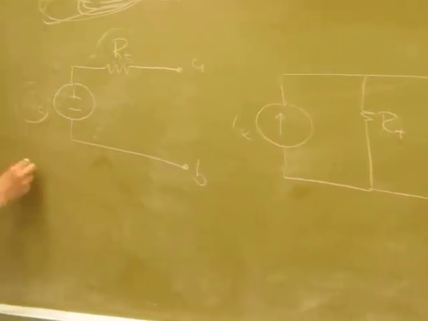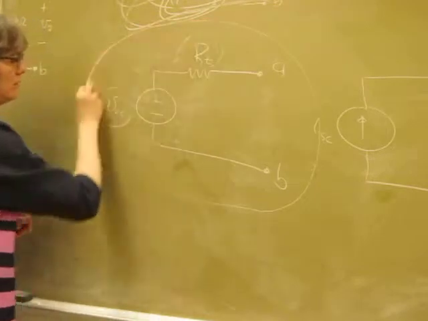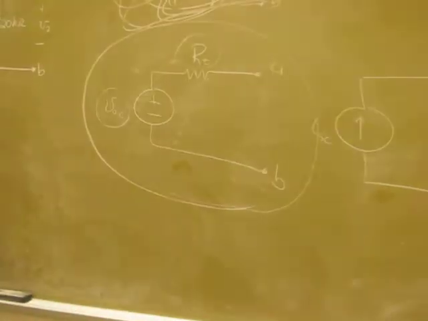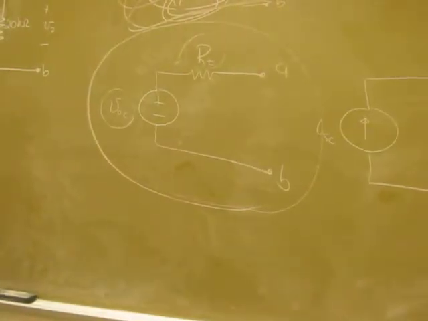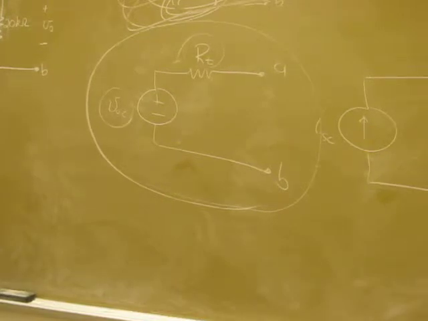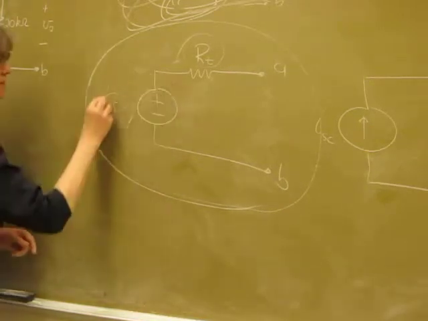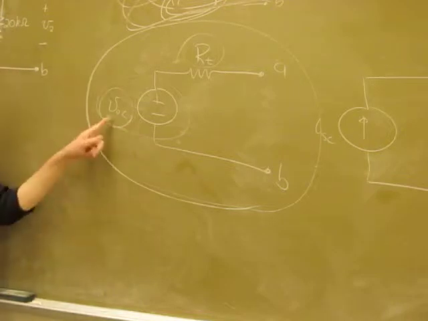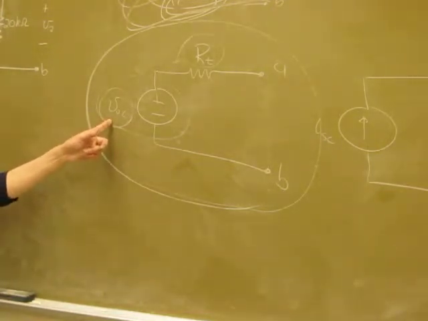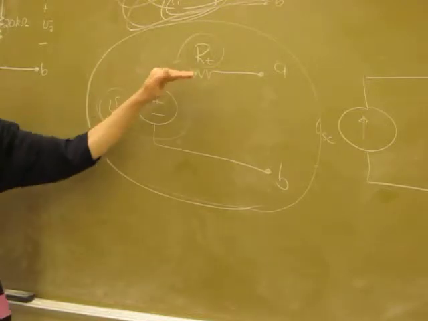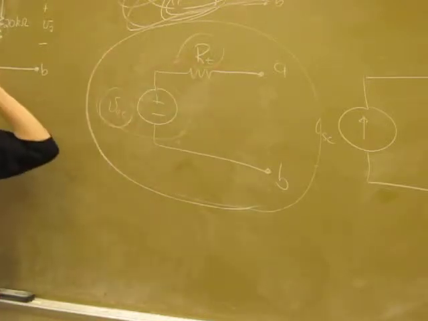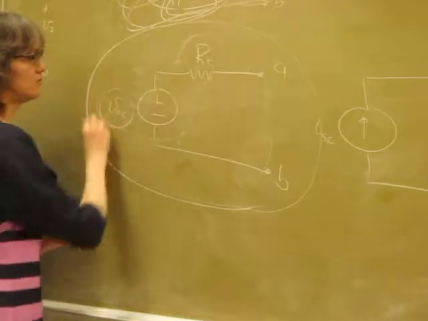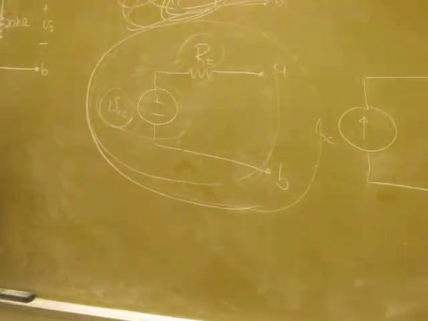By the way, who knows the name of this thing? This, just the voltage source here, that's an ideal voltage source. But when I put it in series with a resistor, the whole unit, this whole thing, has a name.